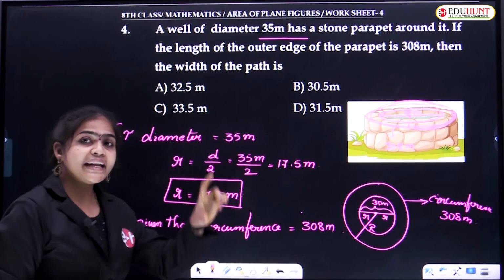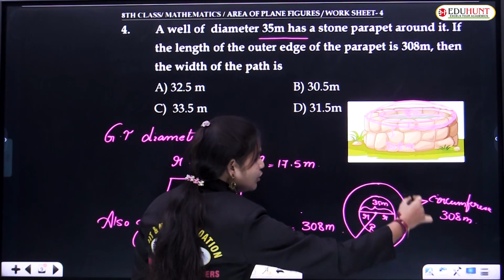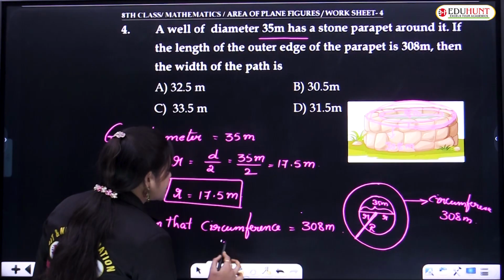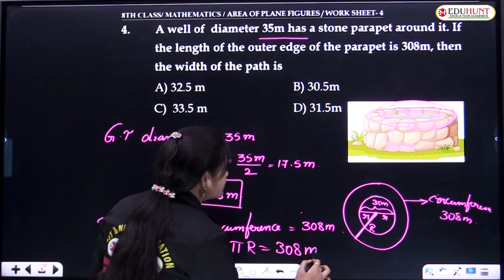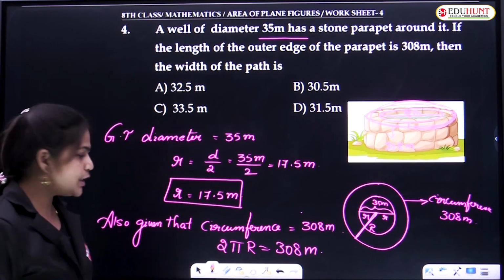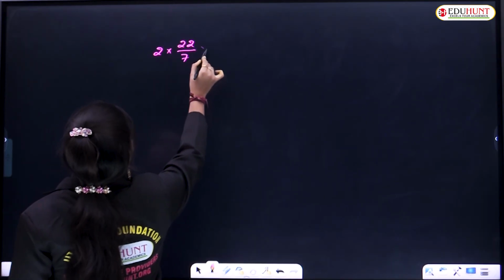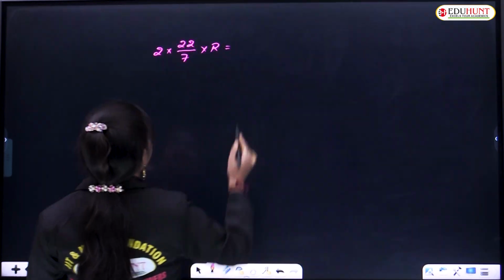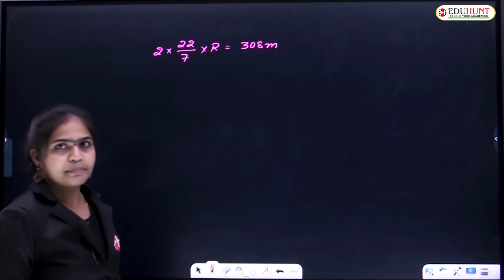Outer edge means capital R or small r? Outer edge means the outer circle only, no? For the outer circle, the capital R only we need to find out, right? That's why 2 pi R is equal to 308 meters. Now here 2 into pi is equal to 22 by 7, into capital R is equal to 308 meters. From this we find out capital R.